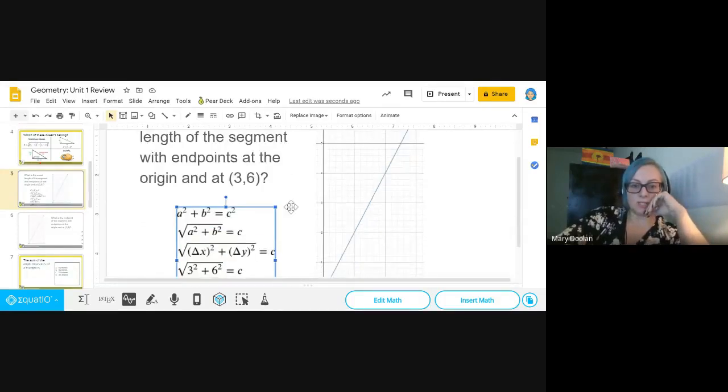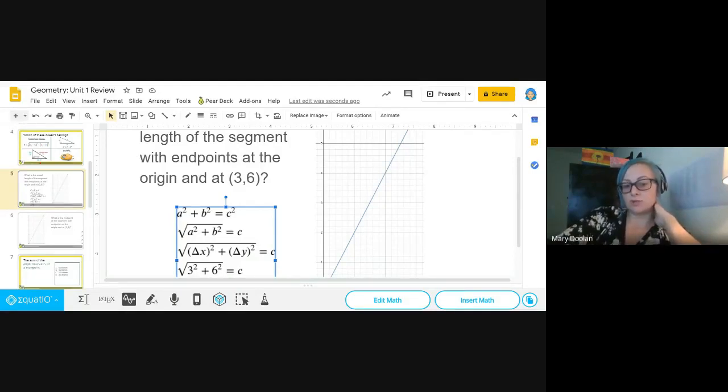Okay, so I'm going to start with the Pythagorean theorem. And from that, if I take the square root of both sides, I get c is equal to the square root of a squared plus b squared. And then to figure out what a and b are on a triangle that I can't see, I do have the x coordinates and the y coordinates of the 2 points that make this line segment.